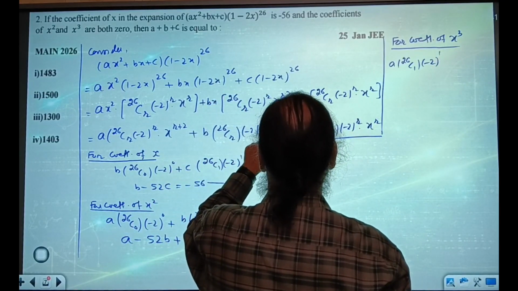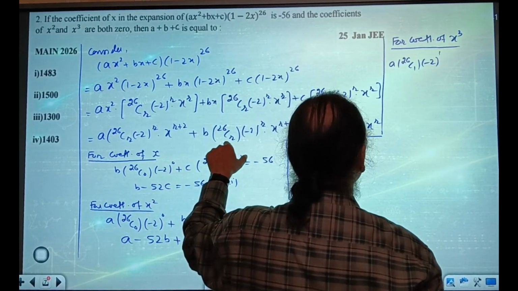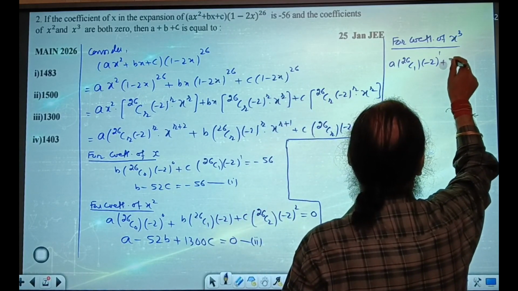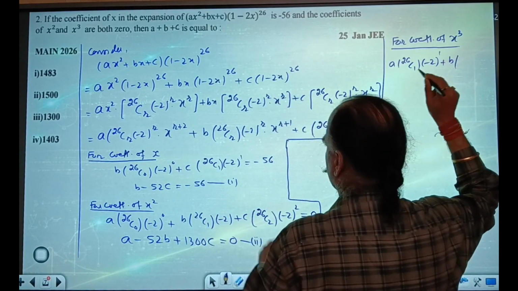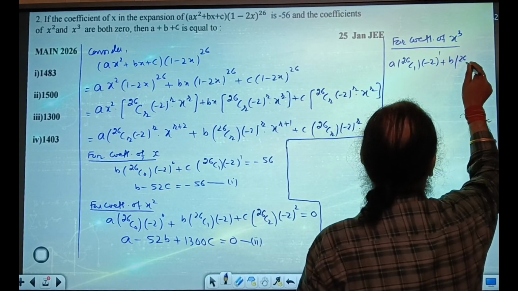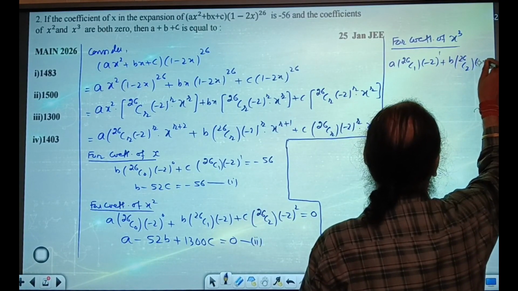And here R is 2, so plus B into 26C2 (−2)².